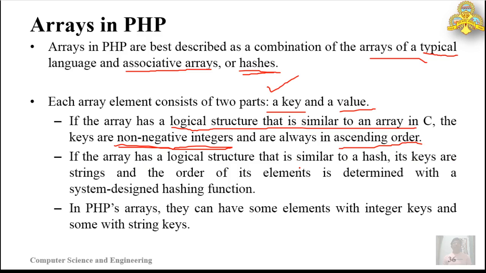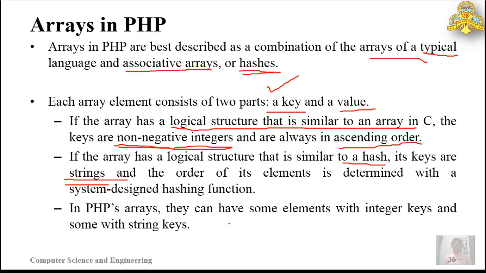If the array has a logical structure similar to a hash, then its keys are strings. It need not be a number, it can be a string also. If the array is a hash type, then the ordering of elements is determined by the operating system or its related libraries.